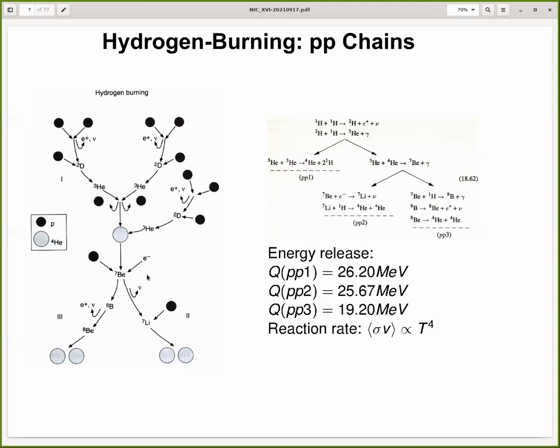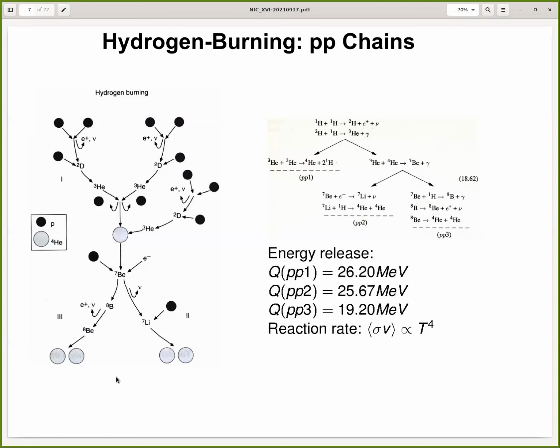The first way, on the right-hand side, is that it could capture an electron, releasing a neutrino and making lithium-7. This lithium-7 can then capture another proton, and then you have principally a beryllium-8, but that is extremely short-lived and decays back into 2 alpha particles, or it's more or less a direct reaction. The proton comes in and 2 alphas come out. So a p-alpha reaction on the lithium-7.